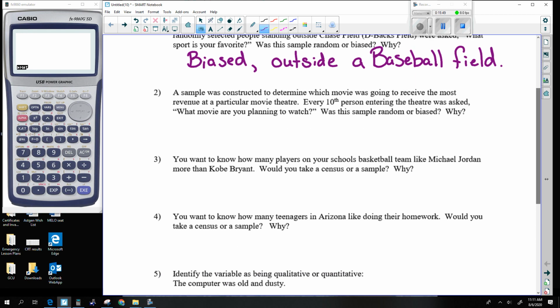All right. Number 2. A sample was conducted to determine which movie is going to receive the most revenue at a particular movie theater. Okay, so here's your movie theater. Every 10th person entering the theater was asked, what movie are you planning to watch? Was this sample random or biased? So every 10th person, so 1, 2, 3, 4, 5, 6, 7, 8, 10.